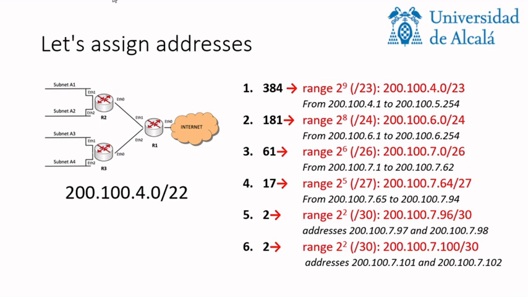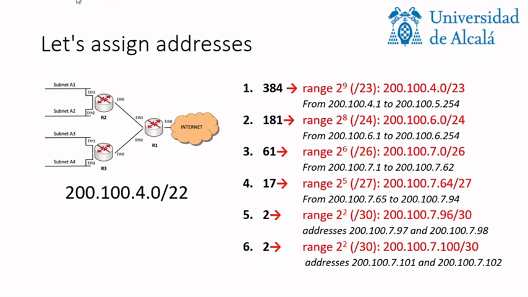Note that we could use bigger groups. For example, in this case, we could also use a /23 mask, okay? But that would waste an amount of addresses that other subnets might need. So we usually tend to use the smallest mask as possible, okay?